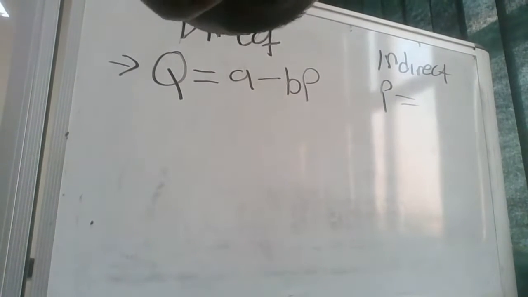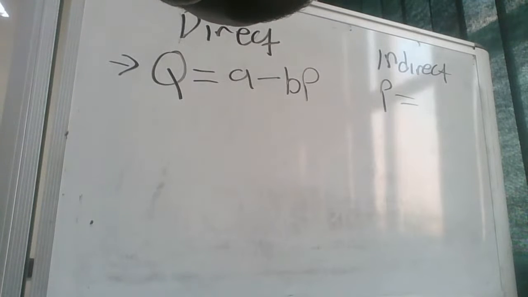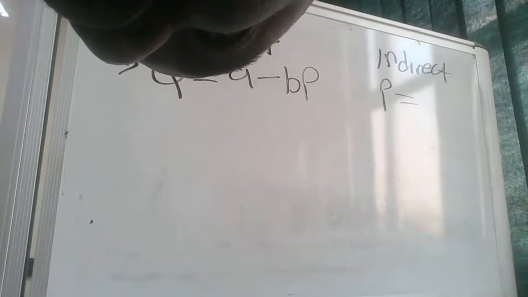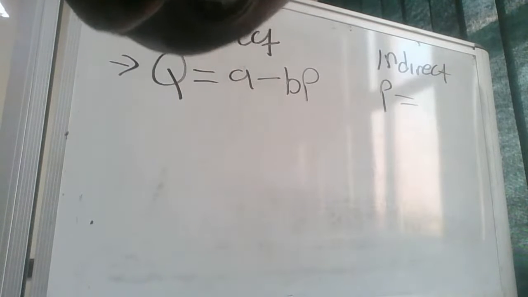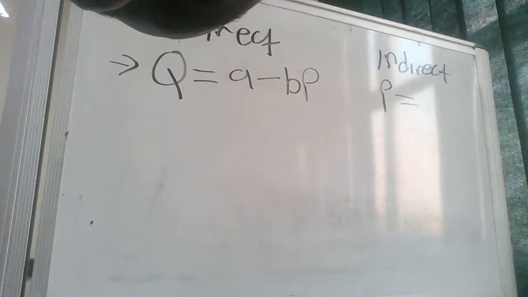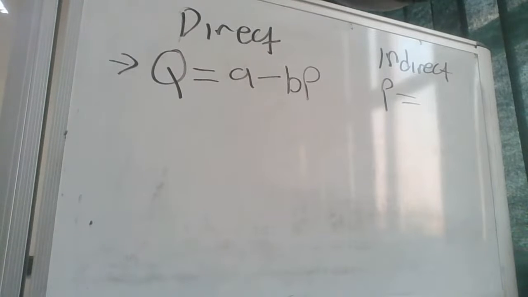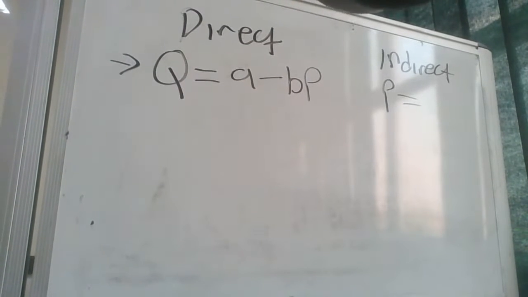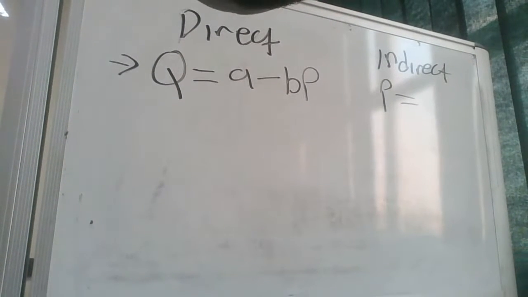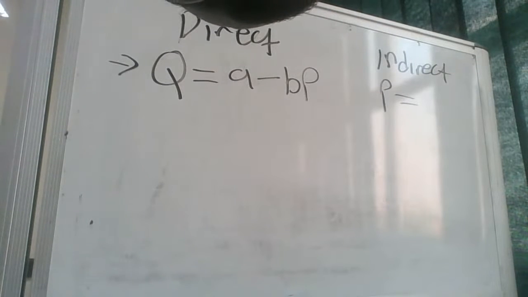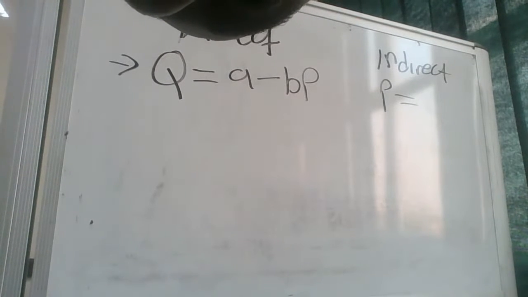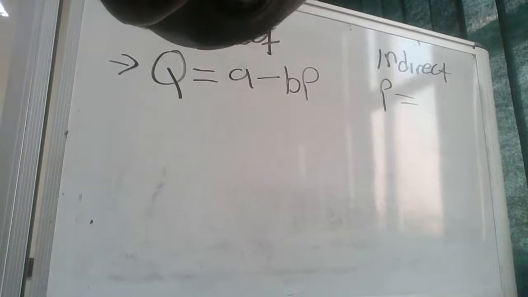But try to simplify it. I want those brackets to go. Daliso has written, please try to redo that and send it again. P is equal to Q over A minus B. Not true.